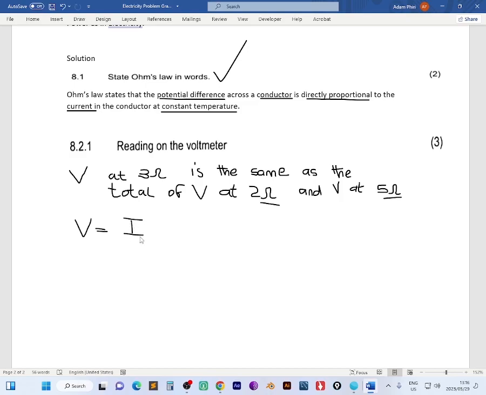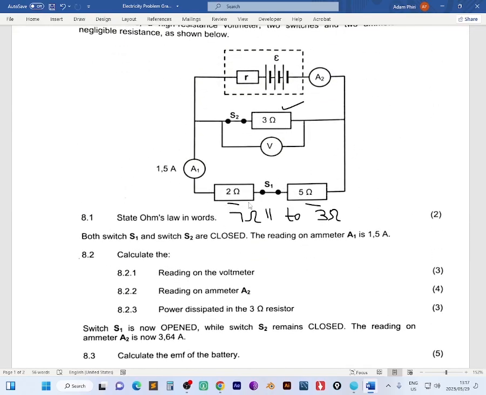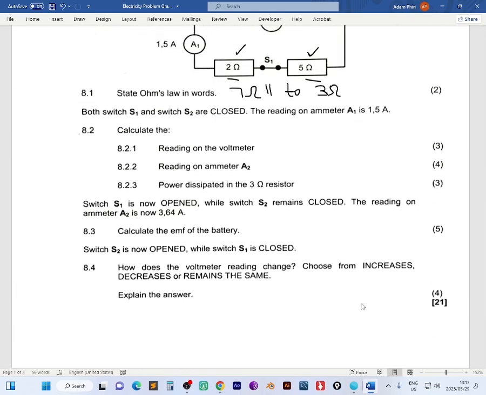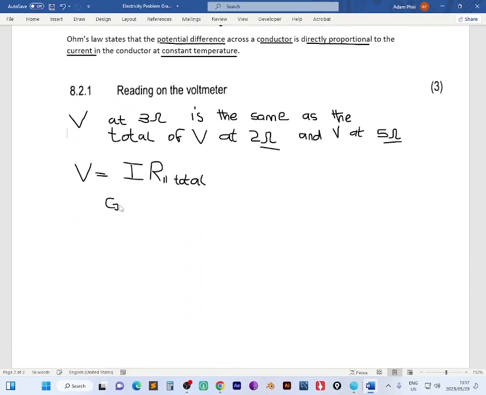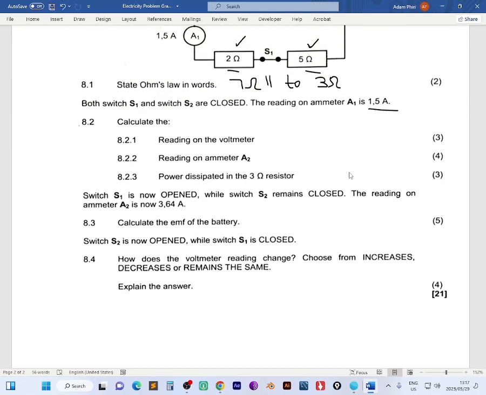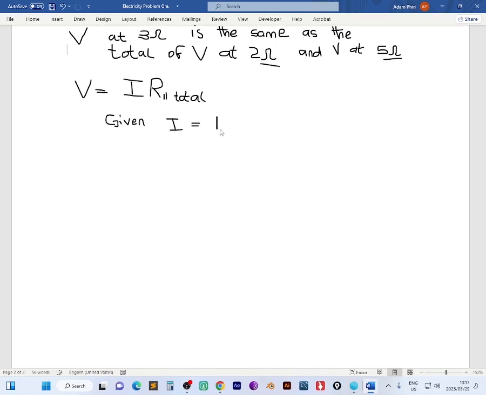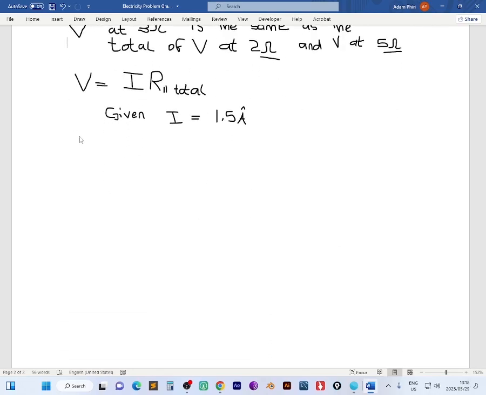Now for the potential difference, again we rely on Ohm's law, which is current times resistance. Here the external resistors are in series, 2 ohm and 5 ohm, making 7 ohm. We also have the ammeter reading, which is 1.5 ampere. We can go back to the question and verify.